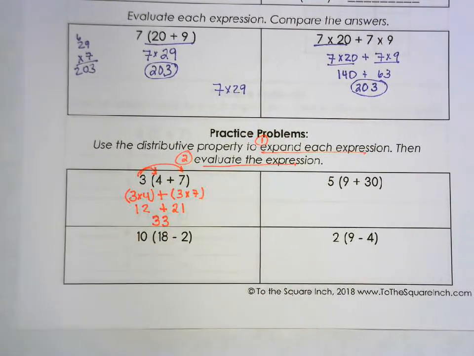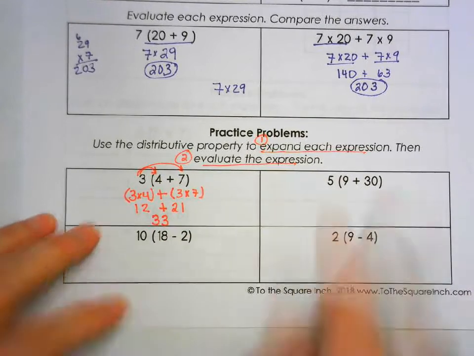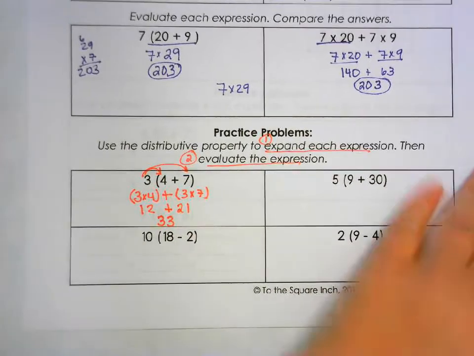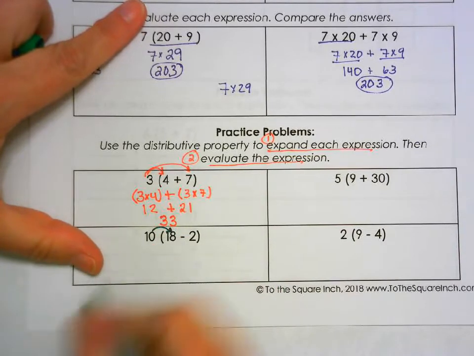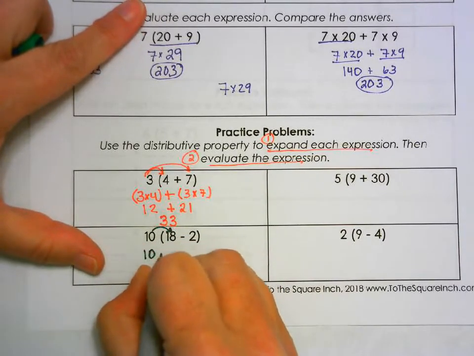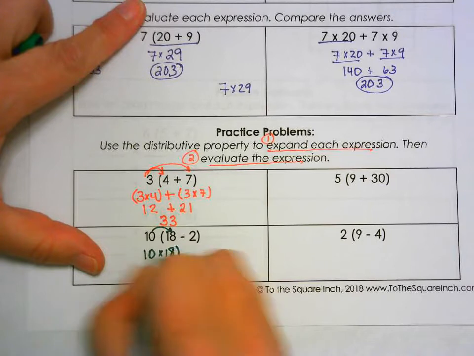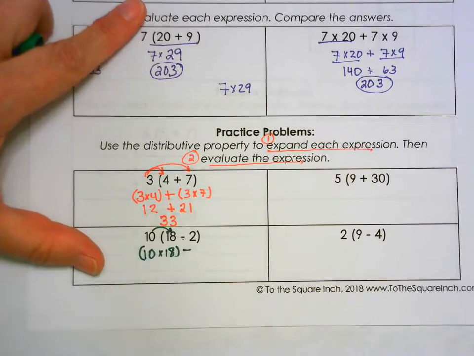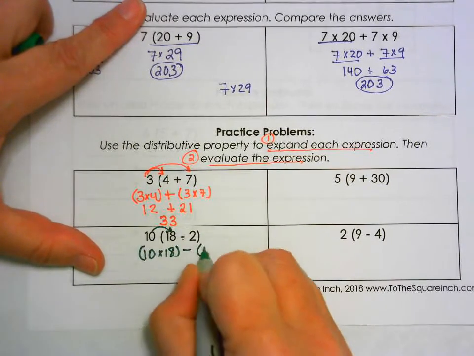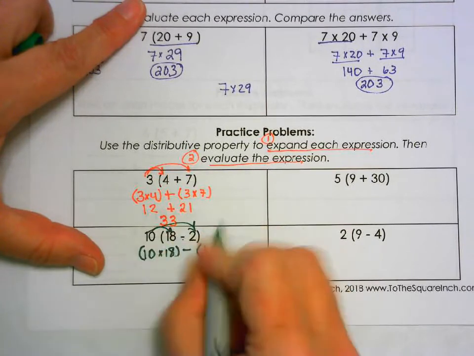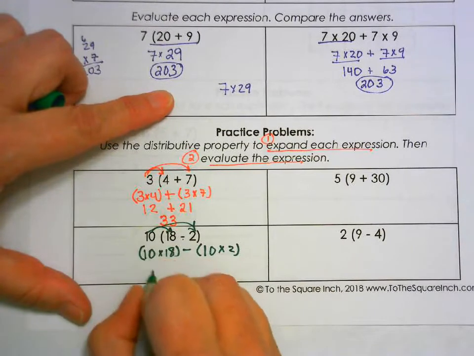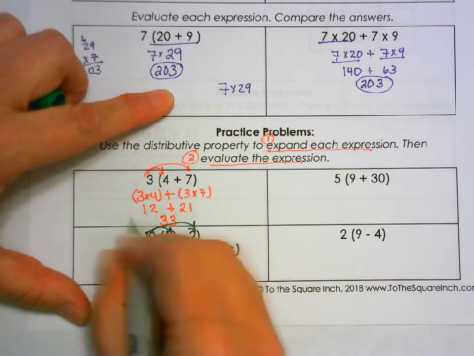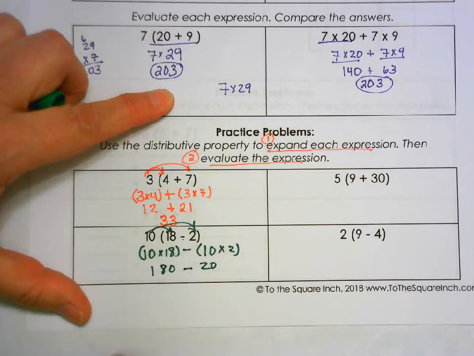We can do the same thing with subtraction. I'm going to expand by saying 10 times 18. This time it's a subtraction. 10 times 2. Following the order of operations, I get 180 minus 20.